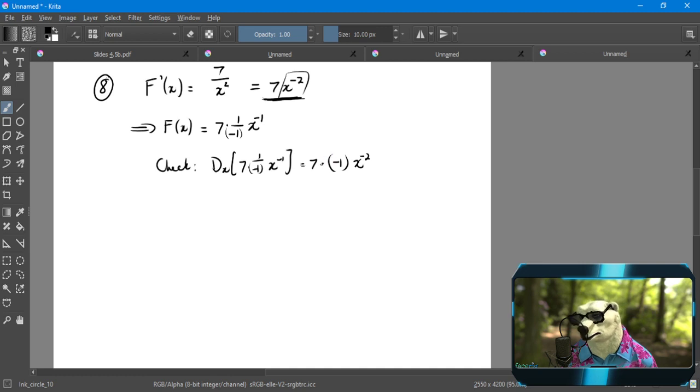I do not have enough space for it, the 7 over there. 1 over negative 1 cancels with the negative 1. Now I didn't need it to look like that. I could just have put a negative in front to cancel with the negative 1 popping out to get negative 7x to the negative 1. Of course, plus c, of course.